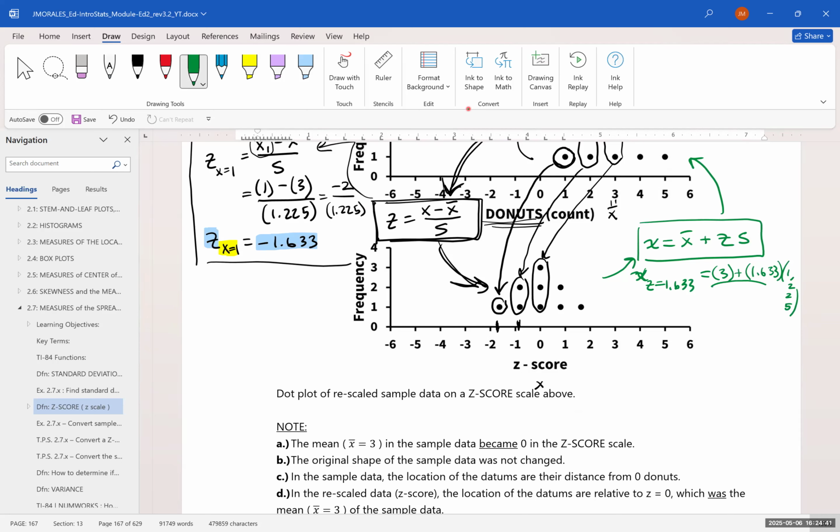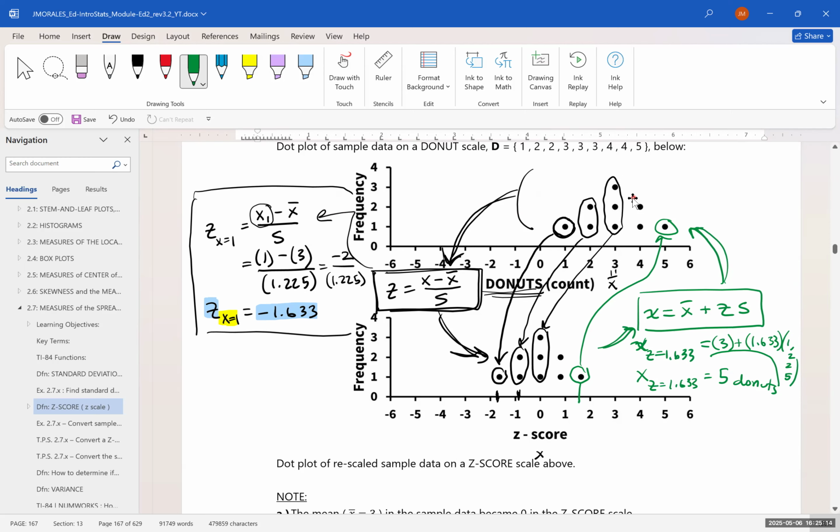If we simplify all of this on the right-hand side, our value of x on a donut scale when z is 1.633 will be 5 donuts. So a value of 1.633 on the z-score translates to a 5 on the donut scale. So you can see how we can go back this way.